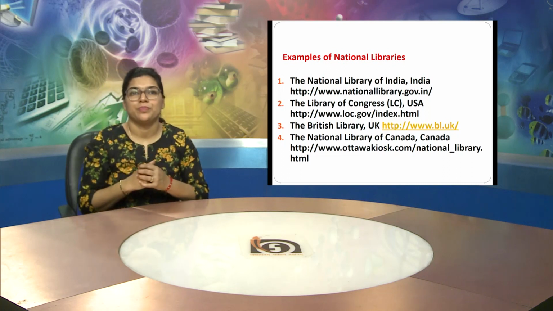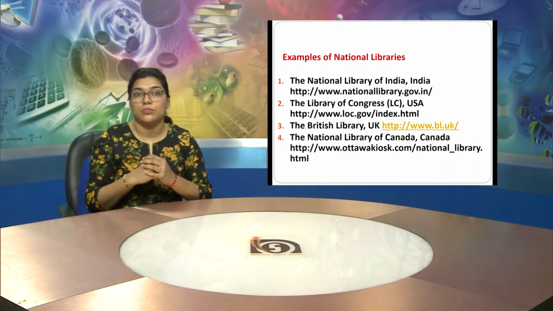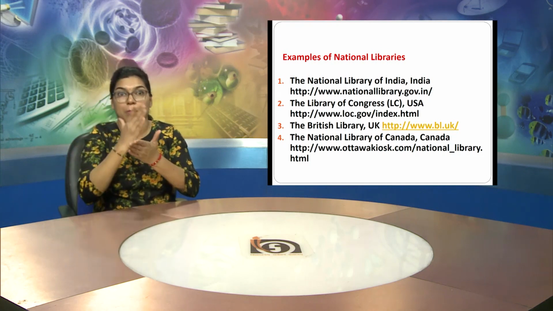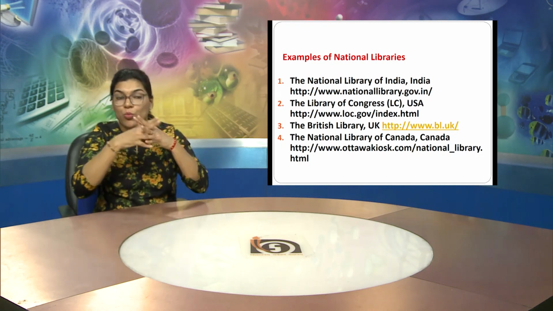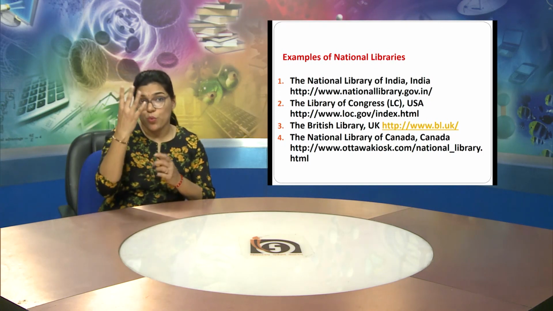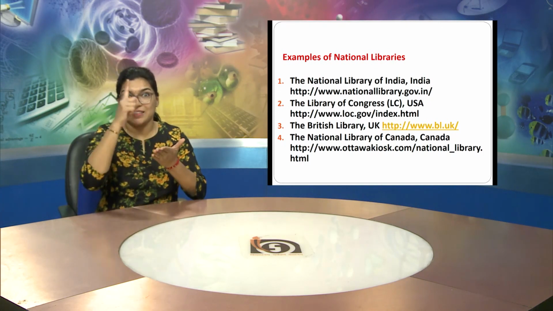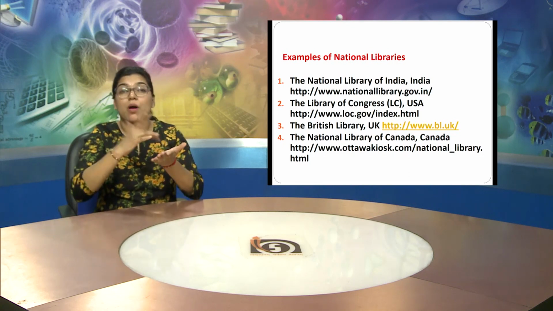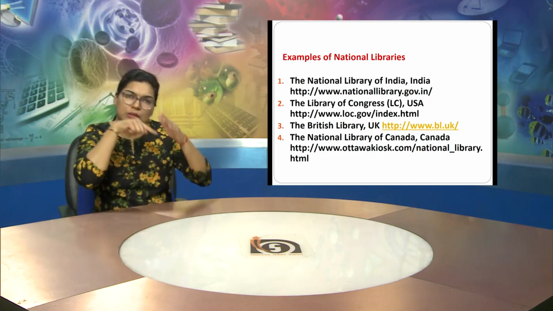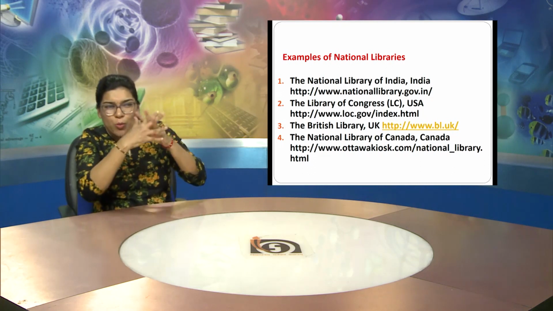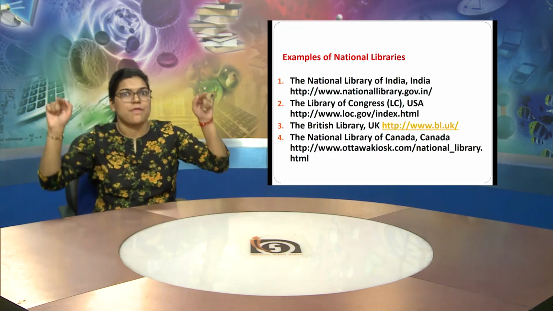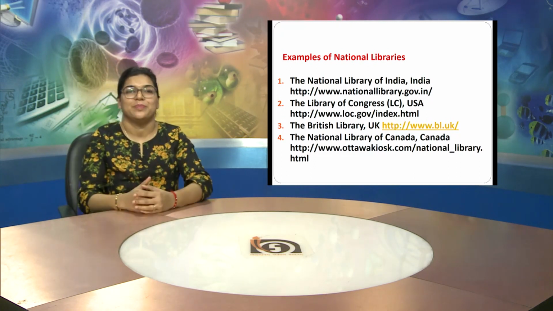It is in USA. The third example is the British Library, which is in UK. You can also visit the website. And the fourth example is of the National Library of Canada, which is in Canada. You can see the web address and you all easily can access the website and get more information.